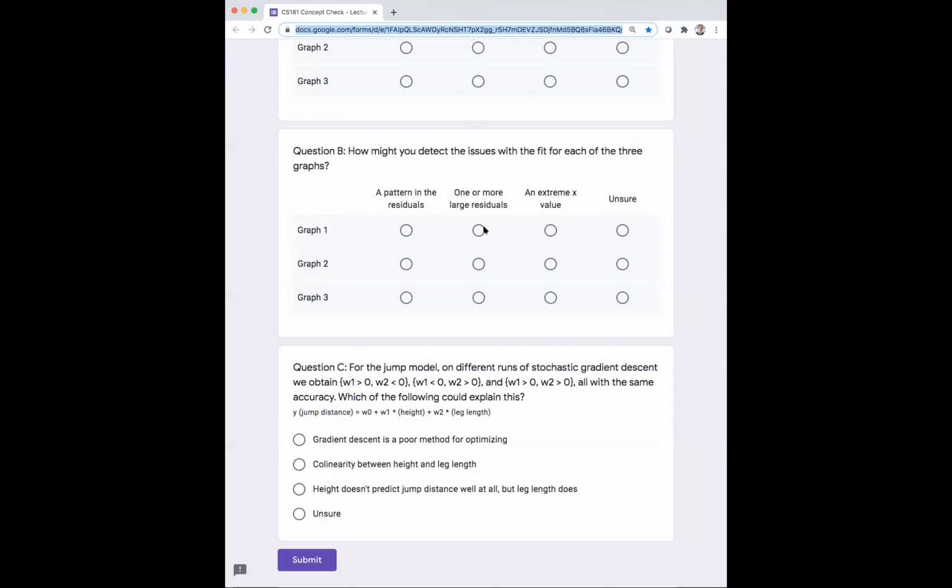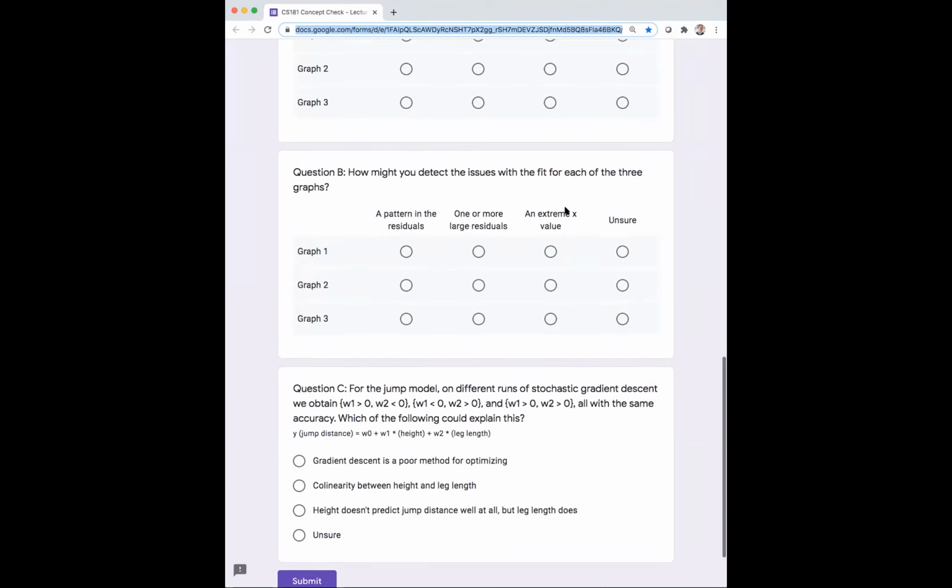Now, a little bit more subtly, we ask you how you might detect the issues with the fit. Choices are: is there some kind of pattern with the residuals, are there 1 or more large residuals, or is there an extreme X value?